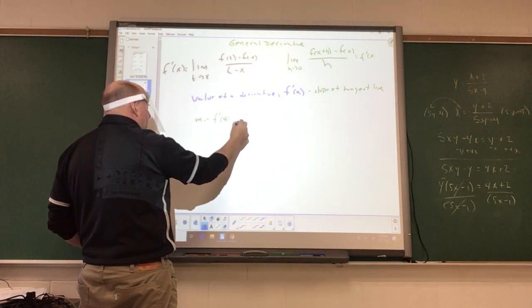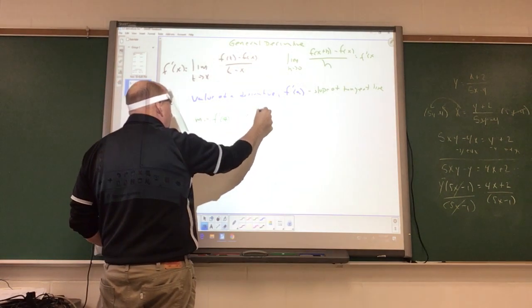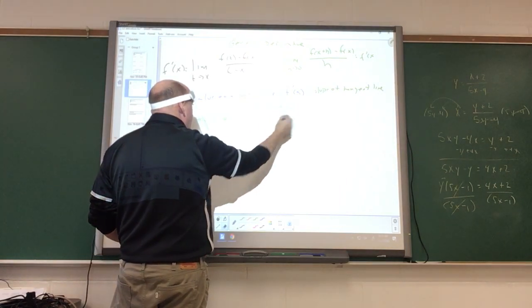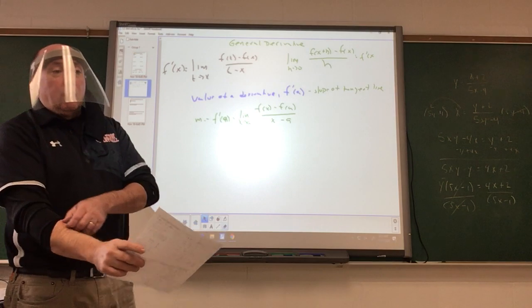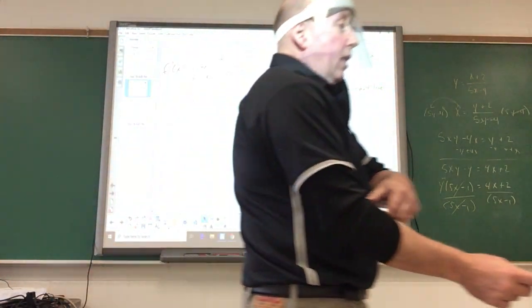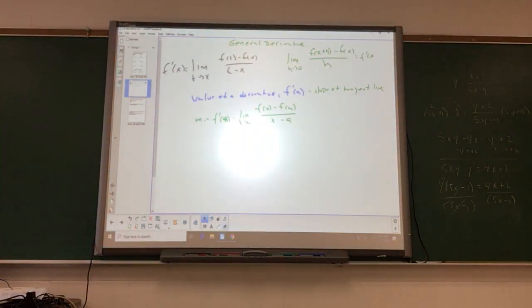Limit as x approaches a of f of x minus f at a over x minus a. So we have two methods to calculate our derivatives. For the value of the derivative, I would just go back to what we did with our slope function.